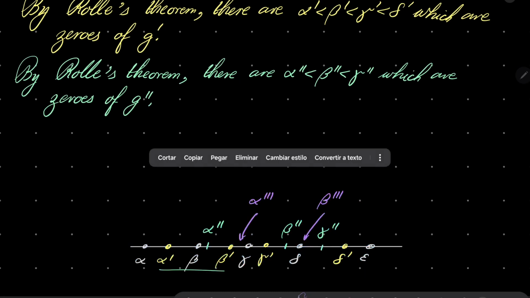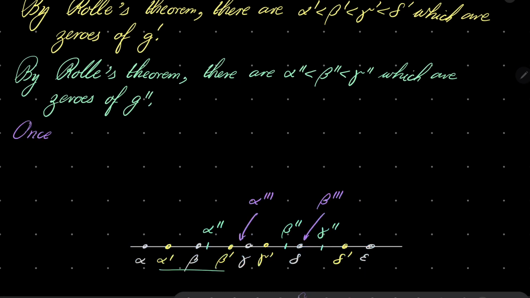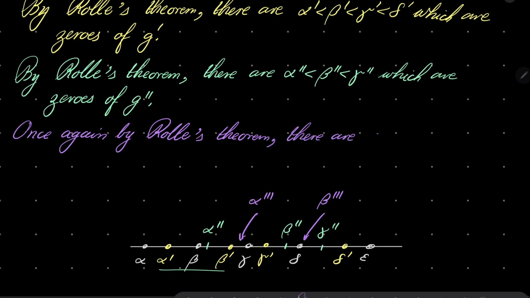So let's write it once again. By Rolle's theorem, there are alpha triple prime less than beta triple prime, which are zeros of g triple prime.